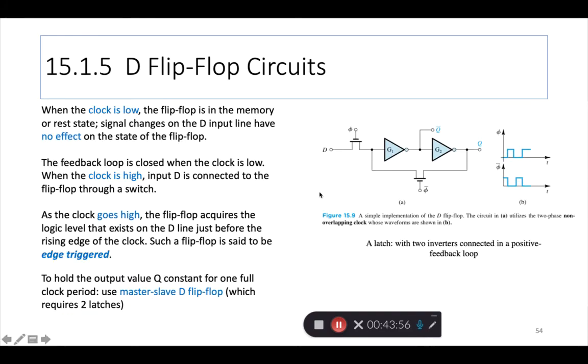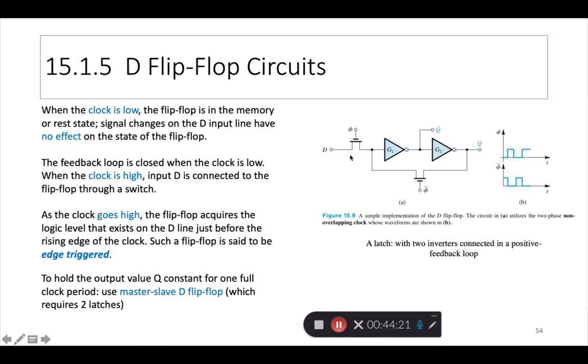All right. So here is a circuit implementation of the D flip-flop. You still have the same latch. It's just shown in a different form, but you have cross coupling, you have the feedback path through another transistor to another PTL gate, actually, pass transistor logic gate.